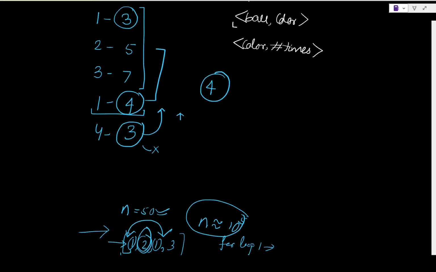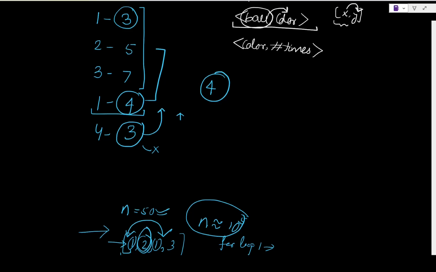Each time we iterate through that x, y vector, which means the ball with label x is marked with color y, we have to check if this label x is present in the given map. If it is present, then it was pointing to some particular color.